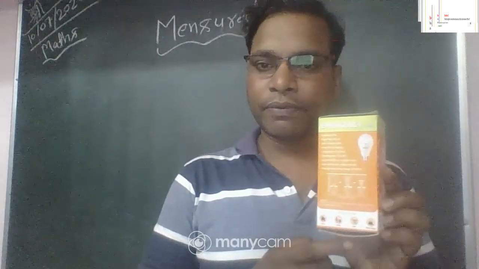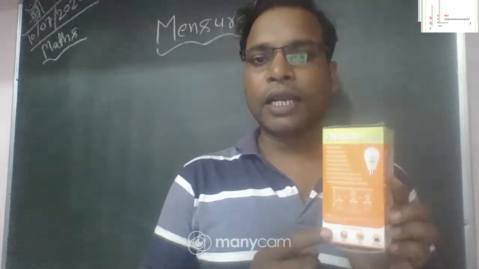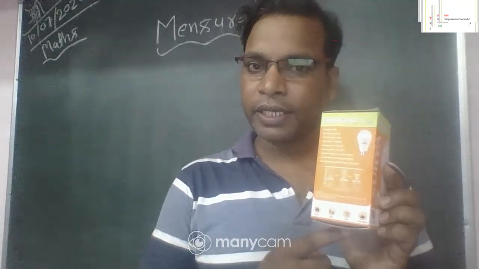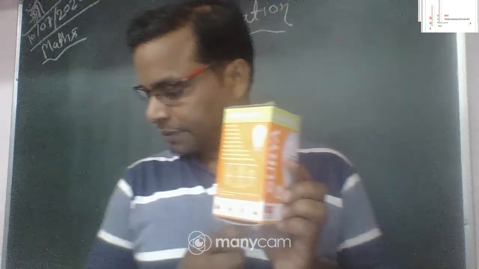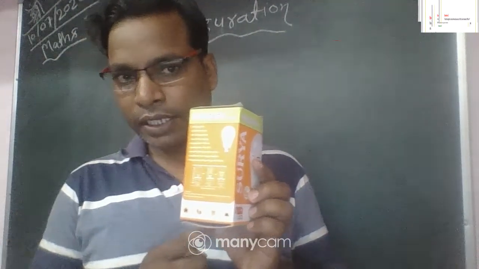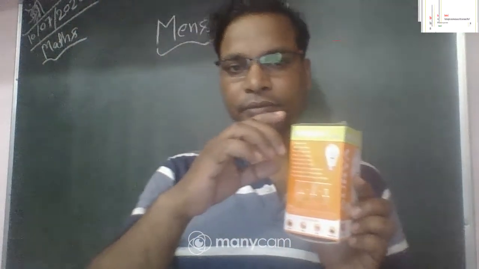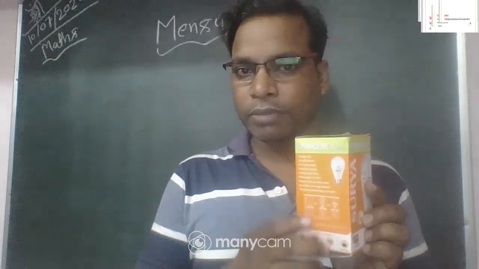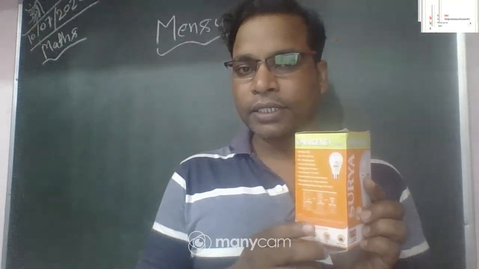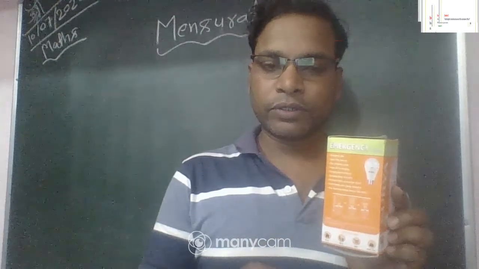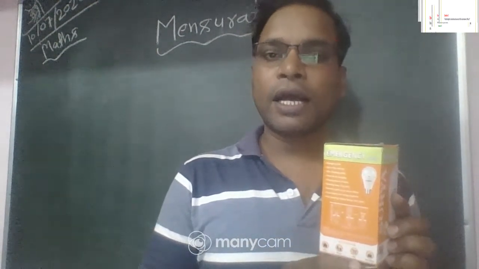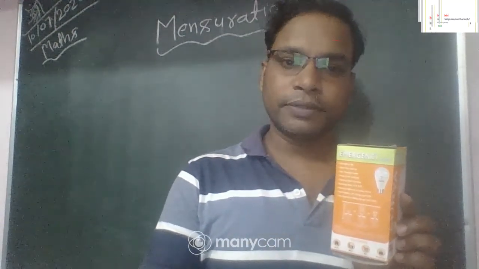The area of base, length into breadth, is given as 180 centimeter square, and the volume of this cuboid is also given, 900 centimeter cube. So let's see how to find the height of this cuboid.